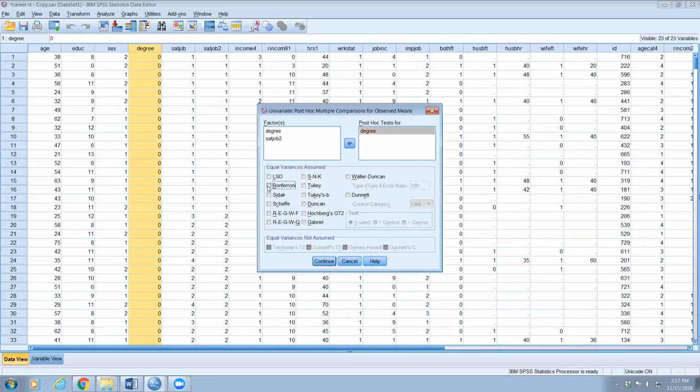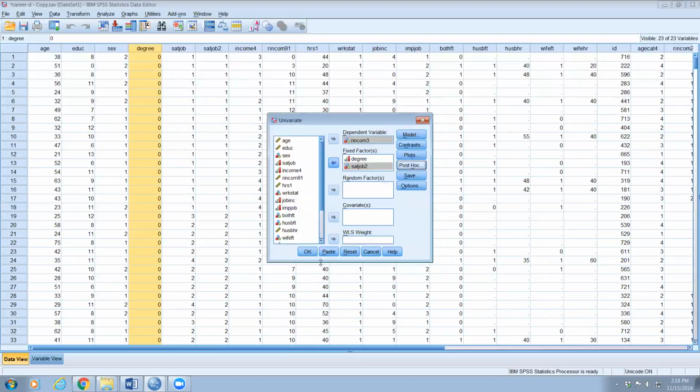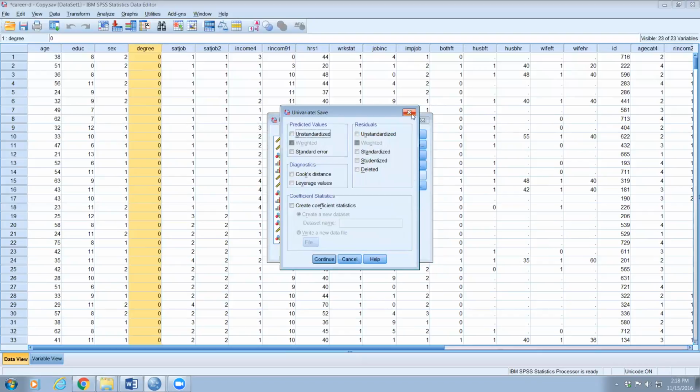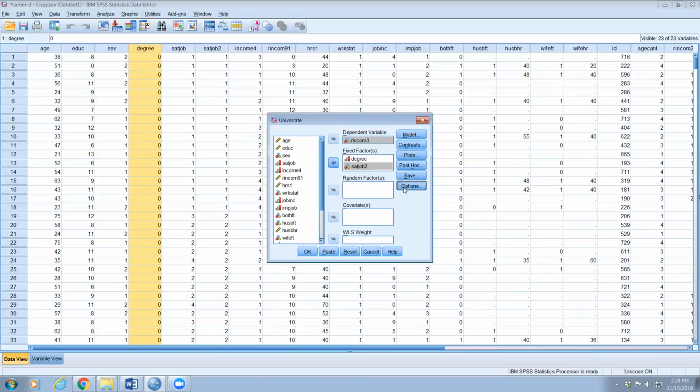And let's click on the Bonferroni adjustment, Bonferroni test here. People also conduct Scheffe as well, but they give you very similar results. Here I will do the Bonferroni adjustment. Then Save, we don't need to do anything here.